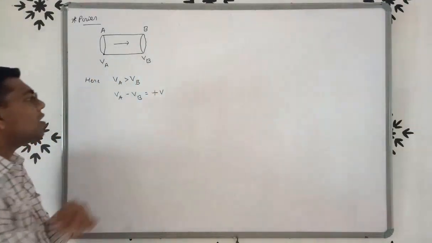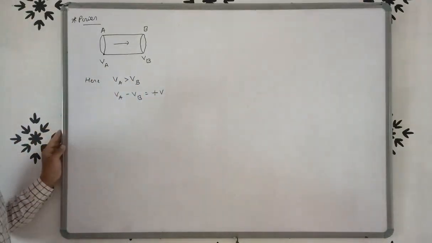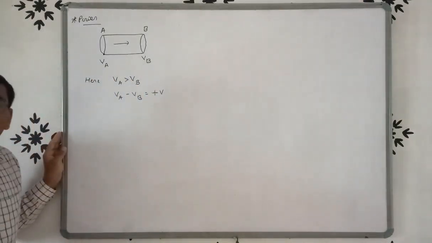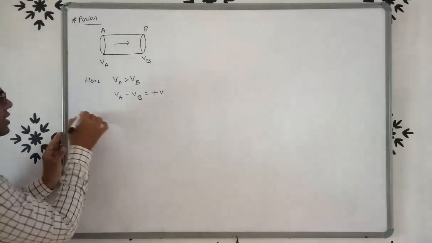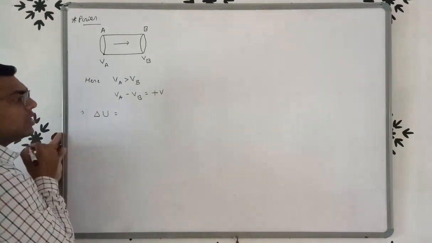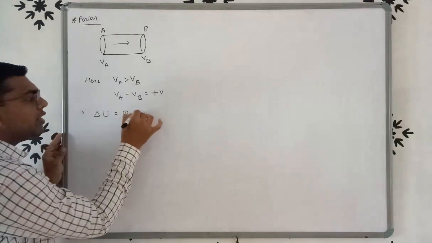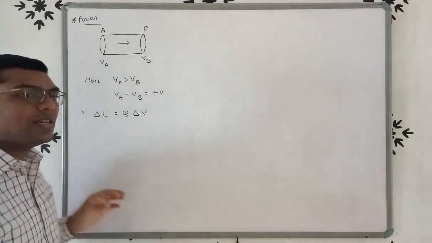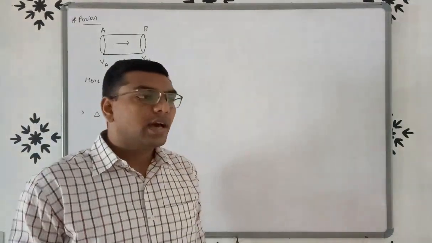Now if we want to prove the equation of power, then we know that the change in potential energy delta U is equal to Q into delta V. We know that U is equal to VQ, right?